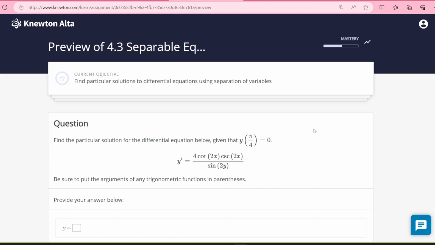Initial value problems are, you have a differential equation and then you have some sort of condition that the solution has to meet. So your final solution shouldn't have any unknown constants in it, right? You're trying to find the value of those constants that will satisfy the condition.